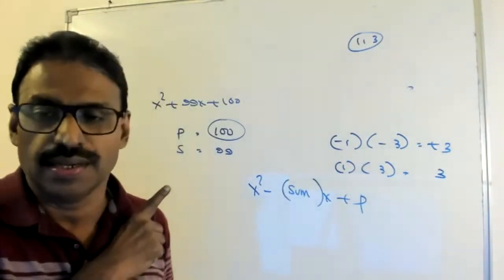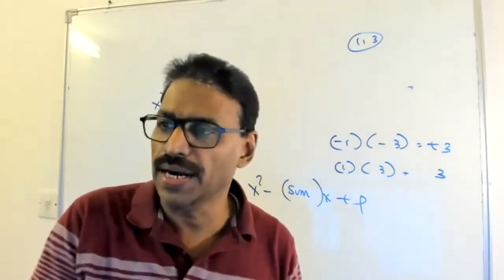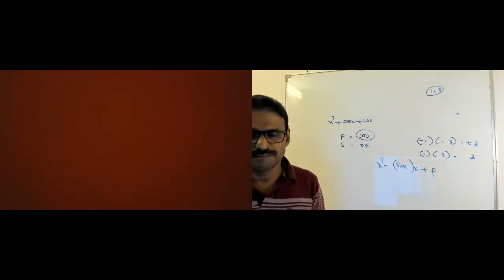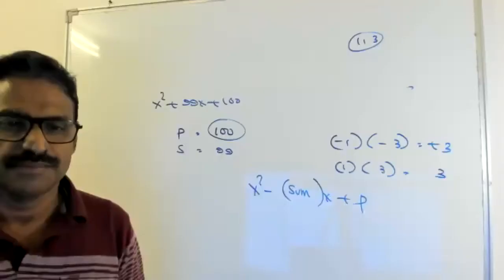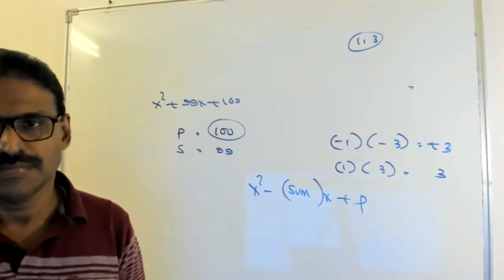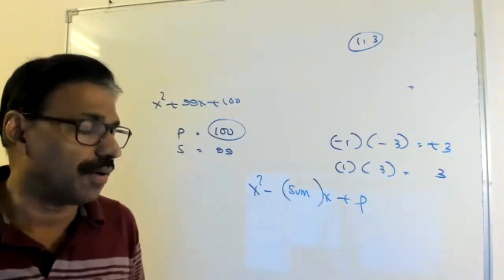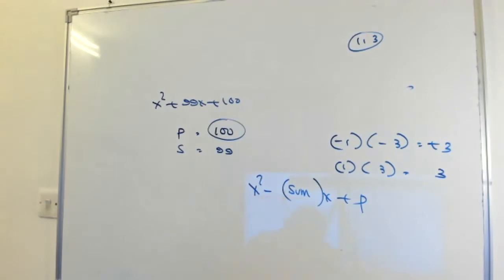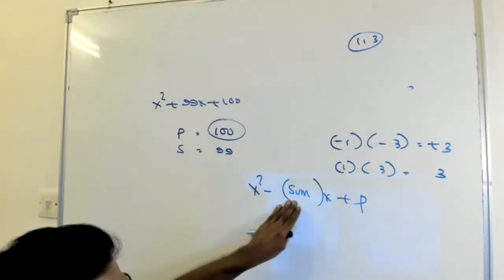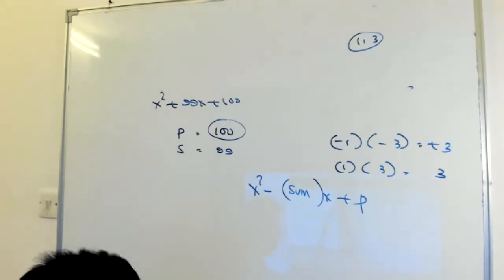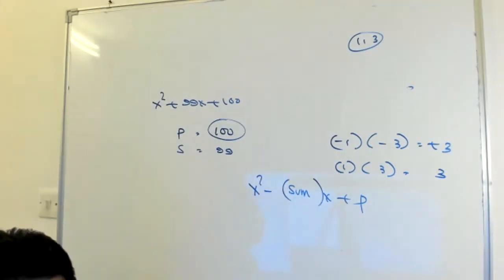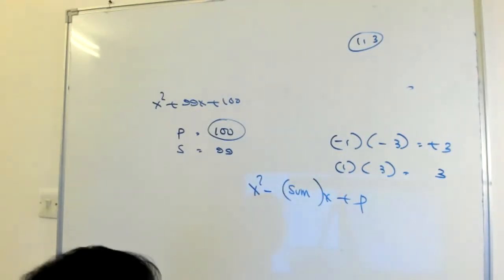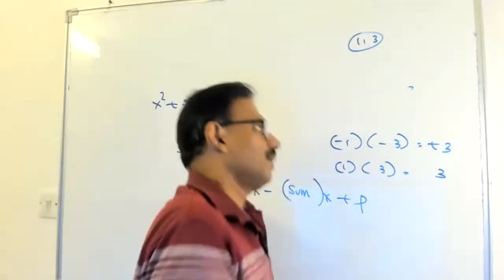What will be the polynomial? Kadir, what is the standard form? You are going to write a test today. The form is x square minus sum into x plus product. So the answer is x square minus 4x plus 3, right? Okay. Now, clear?